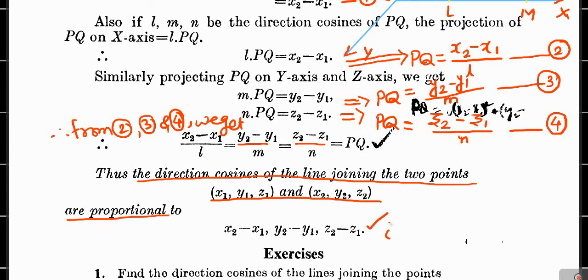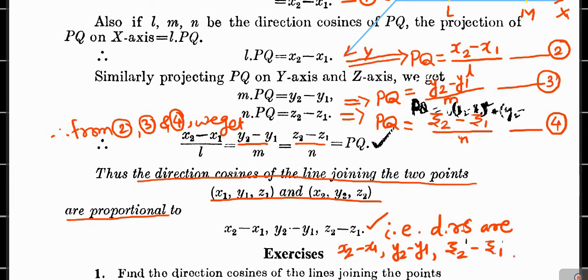Direction cosines are proportional to these, which means these are actually the direction ratios. And as we know, once the direction ratios are obtained, the direction cosines can be very easily obtained. Like this, we have proved this corollary also.